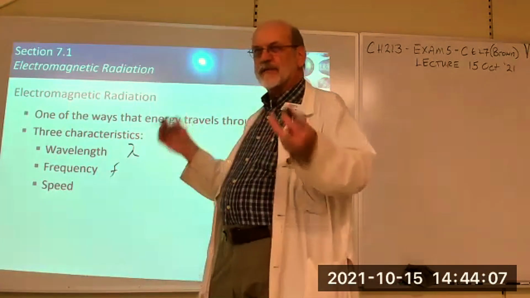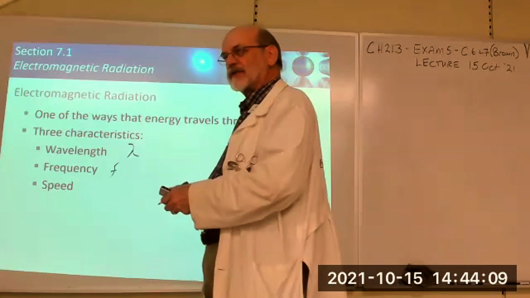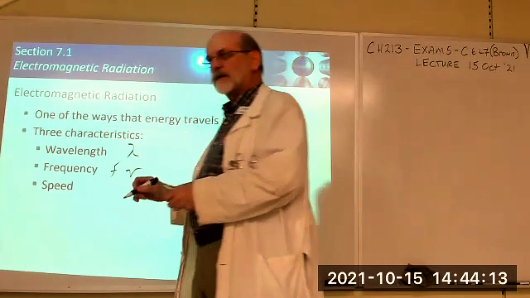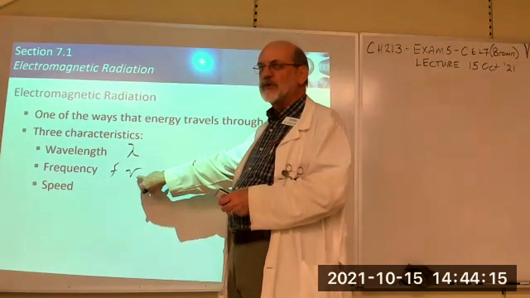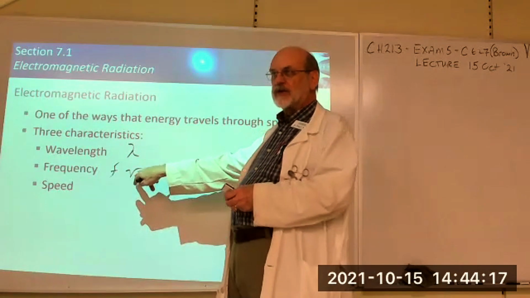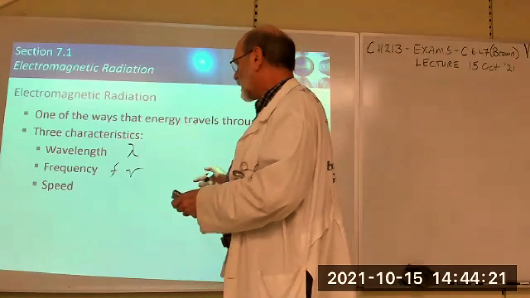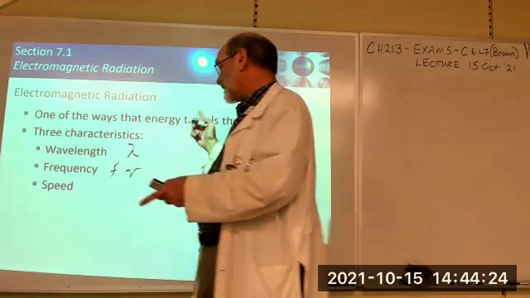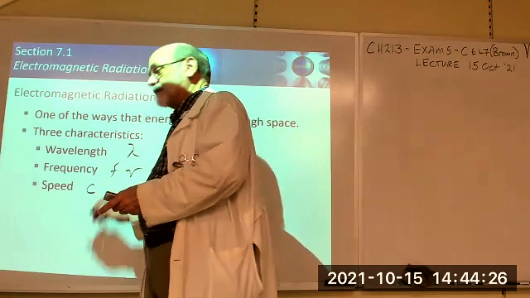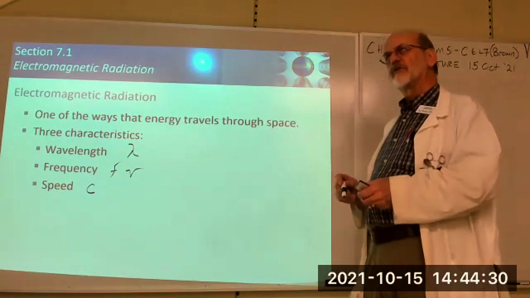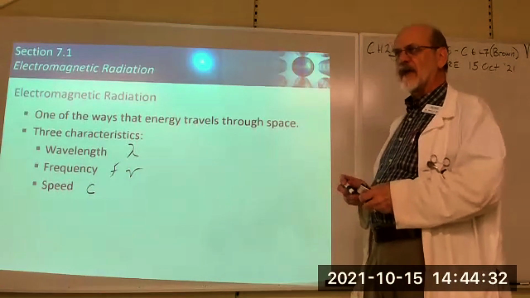I think that's just to simplify things for non-scientists. But we typically use the Greek letter nu, ν. So you can see it both ways. And then speed, of course, for light, speed is c. Speed of light in a vacuum: 2.9979 times 10 to the 8th meters per second.